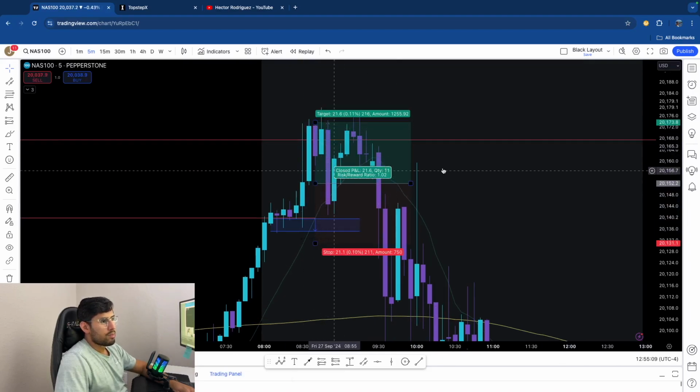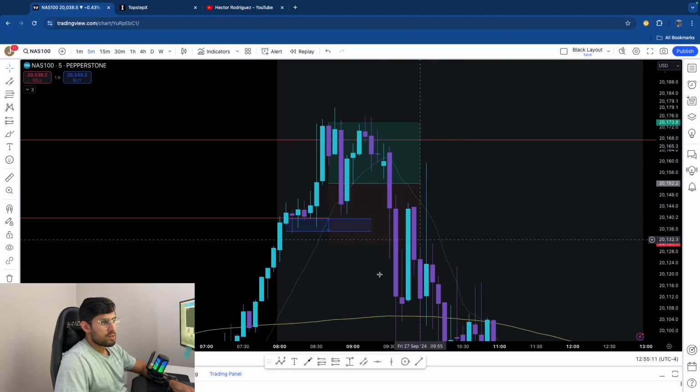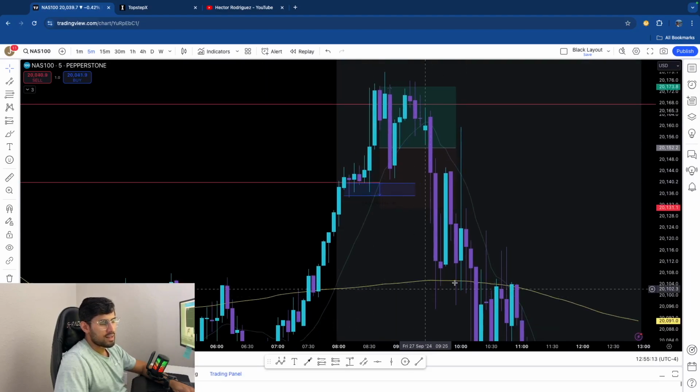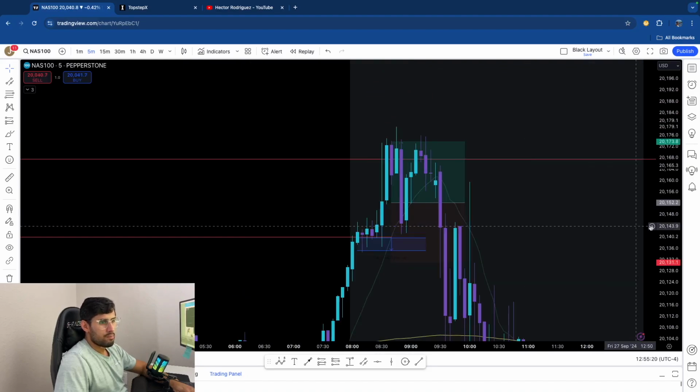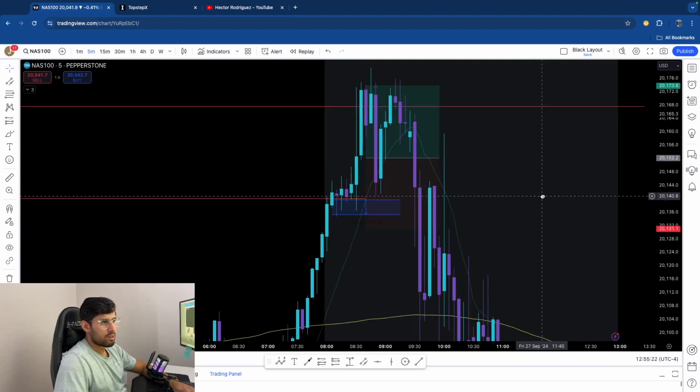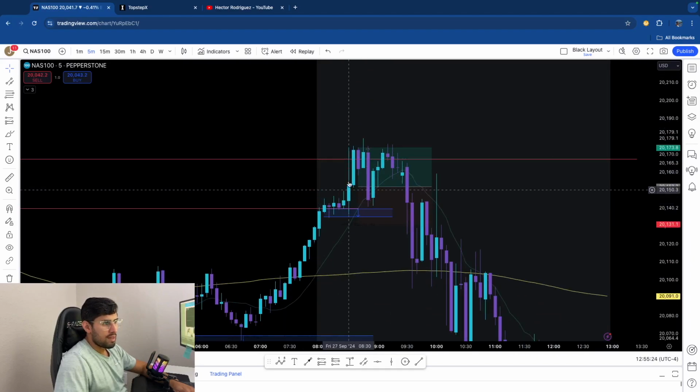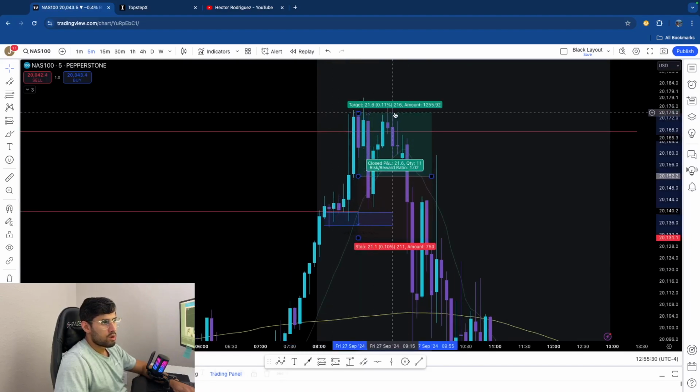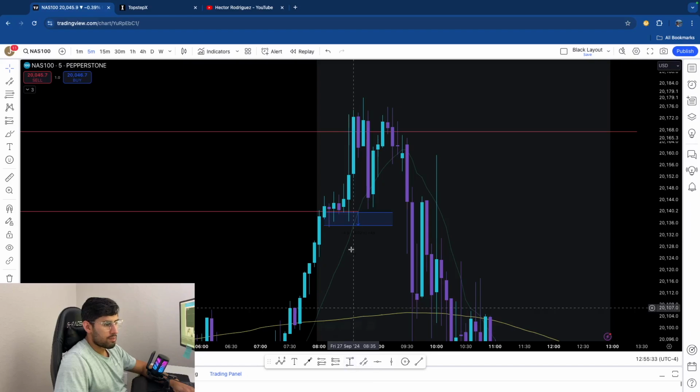Okay, the reason, like I mentioned, this 200 MA was very flat, so I didn't see momentum pushing rather quickly with a lot of strength. And then when we had this breakout right here from this little trend, this little area of support and consolidation, price was consolidating up here.